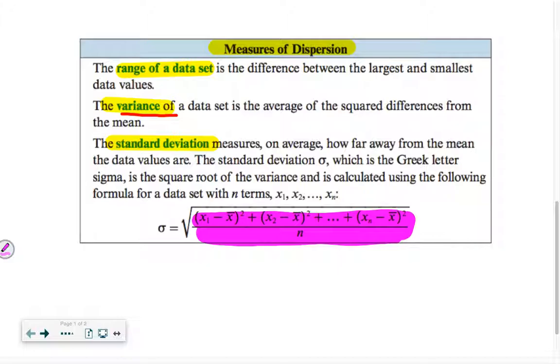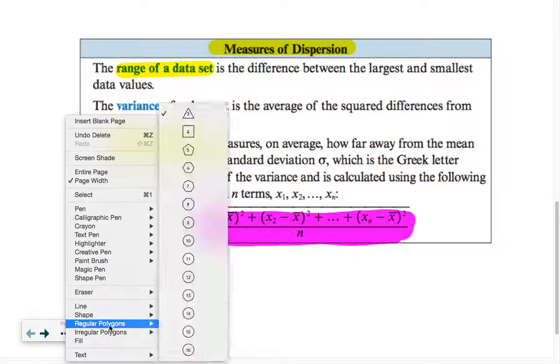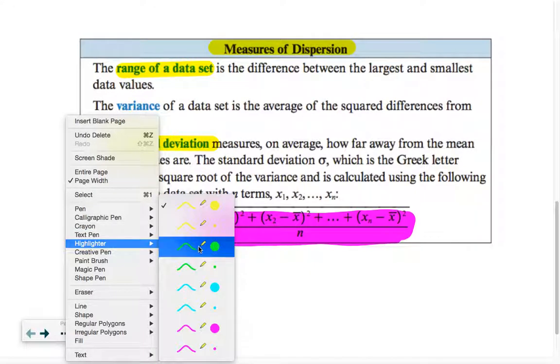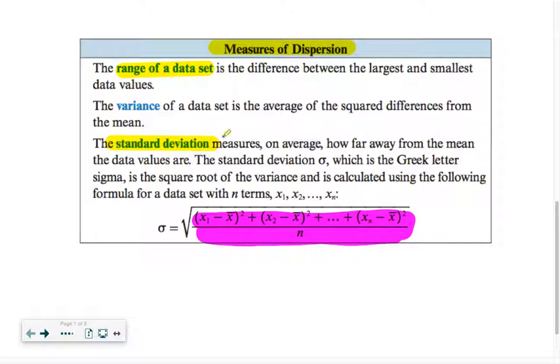Can we still see that with the purple highlighter? Let's try and go this way then. Good enough.